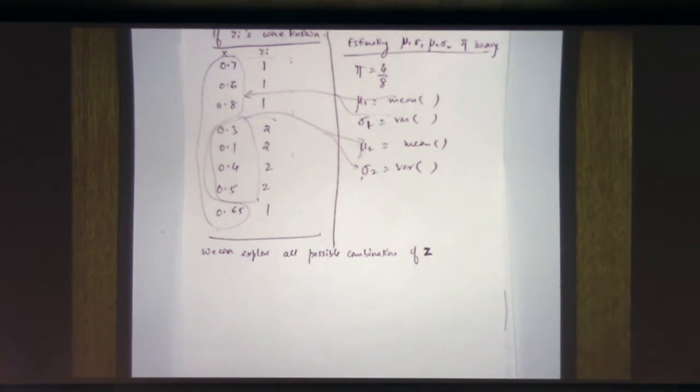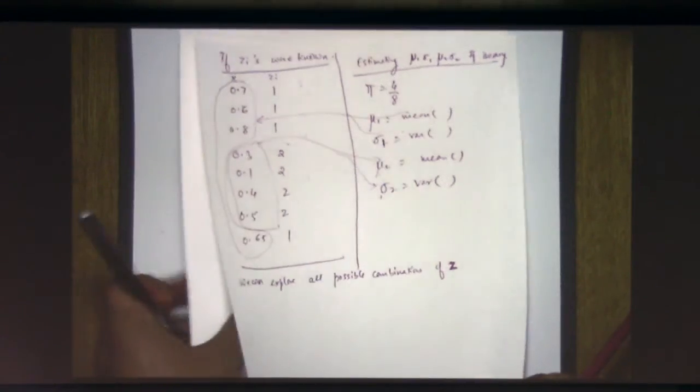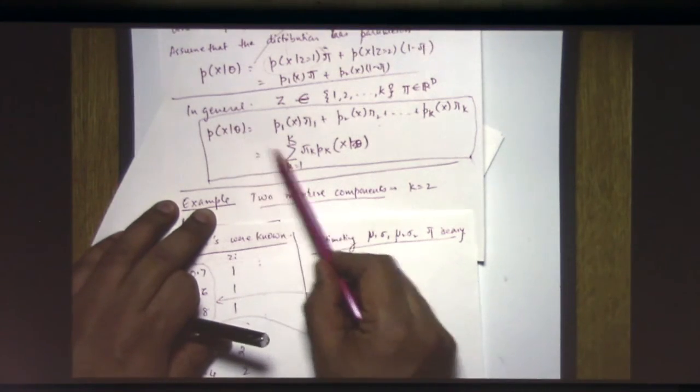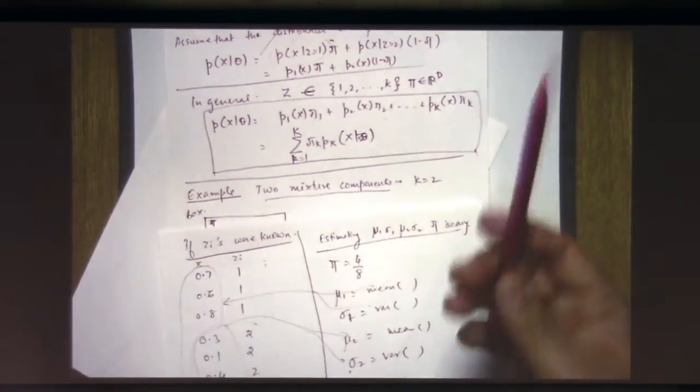Because you remember that given all these parameters, you can compute the probability for each data point, which is this, and then you can compute the log likelihood. So whichever gives you the best log likelihood, you can choose that as your solution.